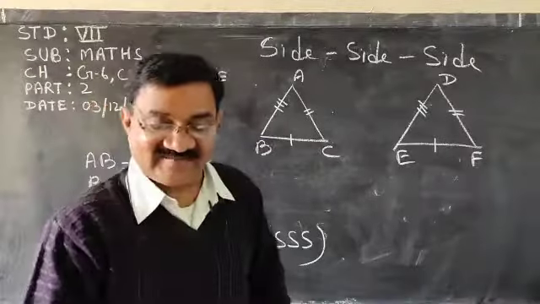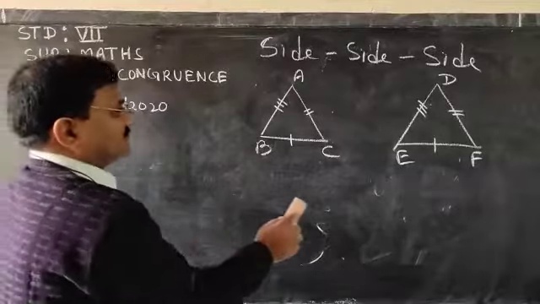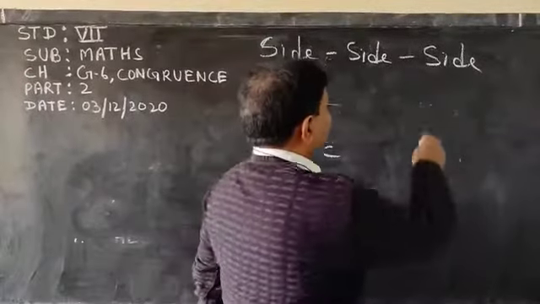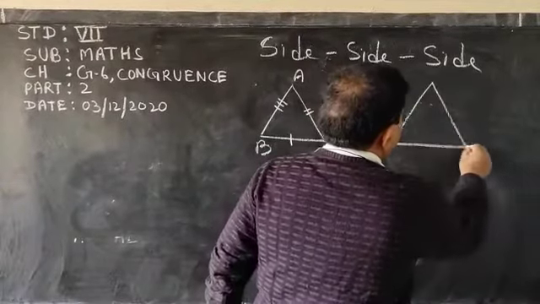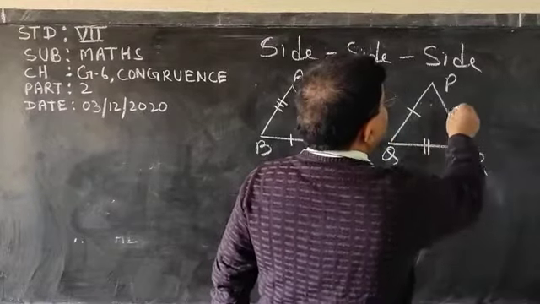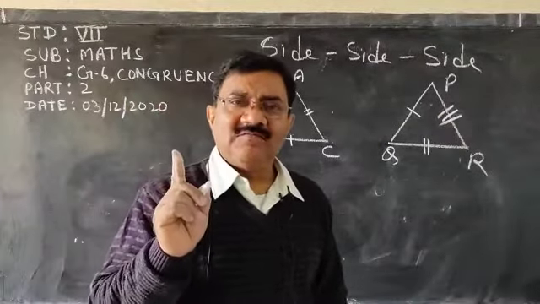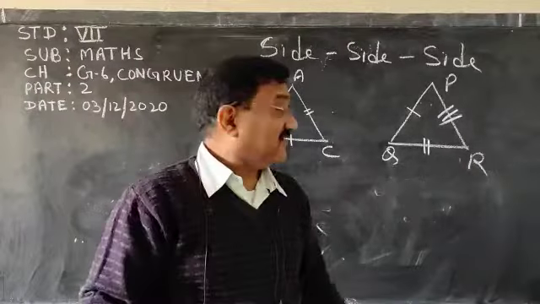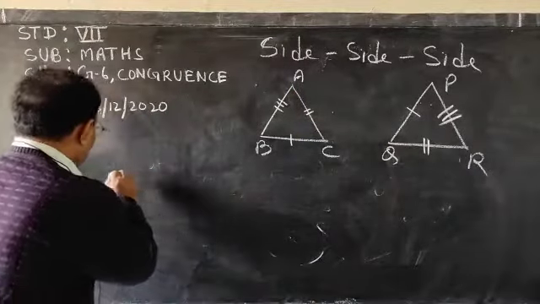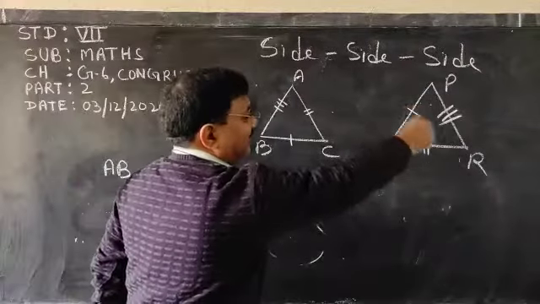Let me change the diagram. Instead of DEF, I am writing here PQR. These two triangles, are they congruent or not? What do you say? Yes, these two triangles are congruent. But how to write it? AB with 3 dashes is equal to PR.